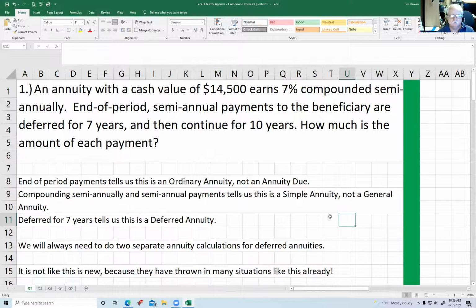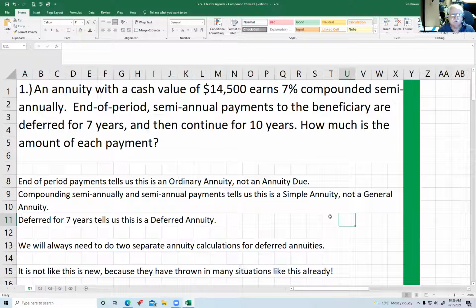So what we're dealing with in this section are called deferred annuities. What they mean by deferred annuities is we're going to have one period of time where there's just money earning interest, and another period of time where there's payments, either payments going to somebody or payments being used to pay off a loan. So there's two basic situations here.